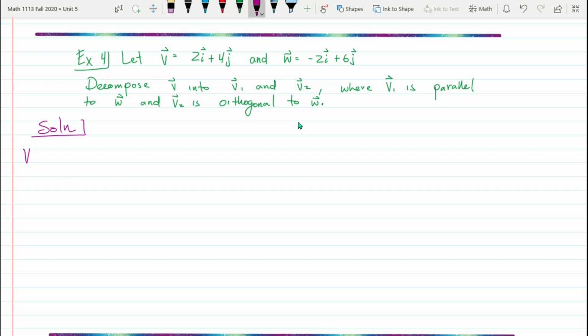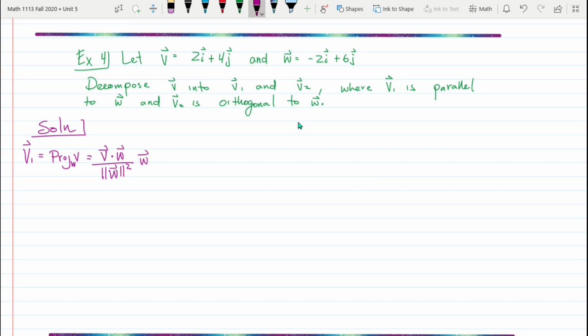So that projection is going to be equal to the vector v1, and that is the projection of v onto w, and the definition is the dot product of v and w divided by the magnitude of w squared times vector w.